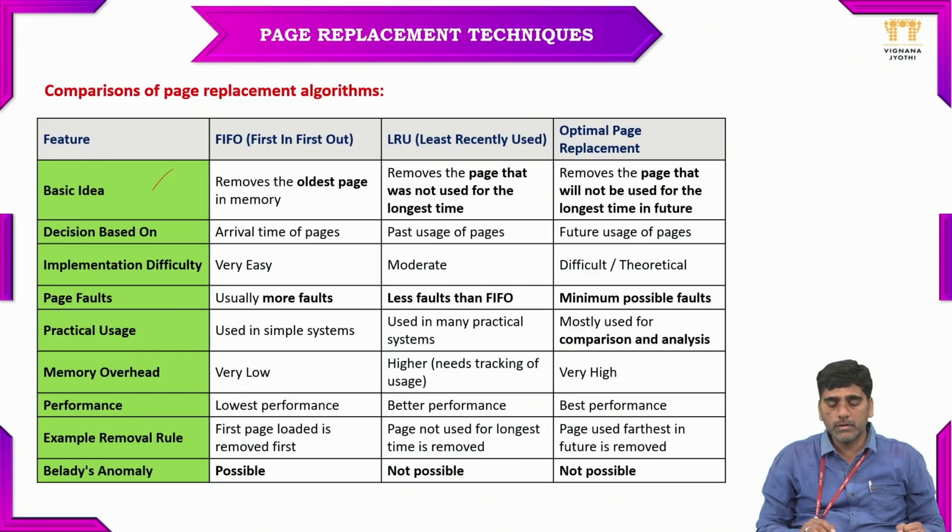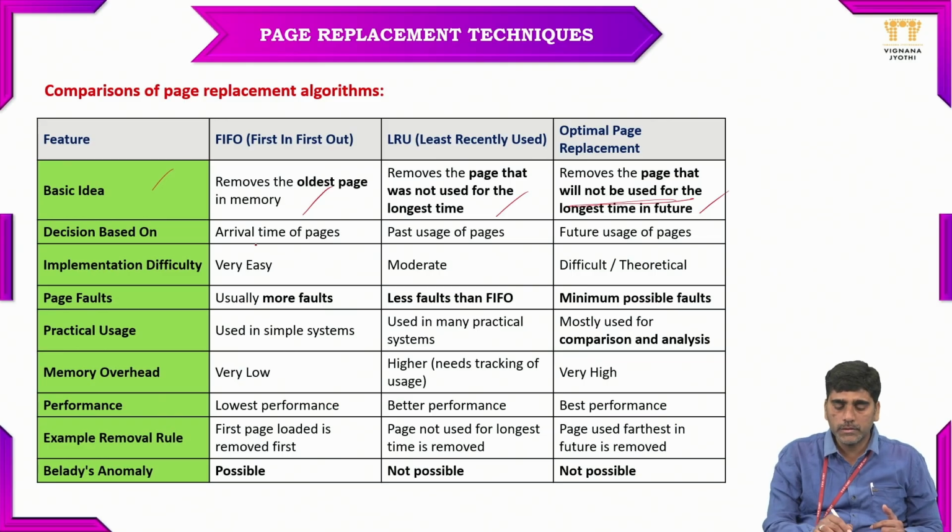So for all these parameters and features: in first in first out, the basic idea is to remove the oldest page; LRU removes the page that was not used for the longest time; and in optimal, the page removed is the one that will not be used for the longest time in the future. On these ideas the page replacement process works.